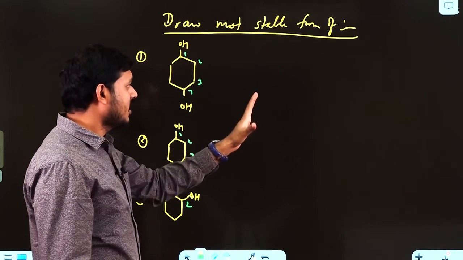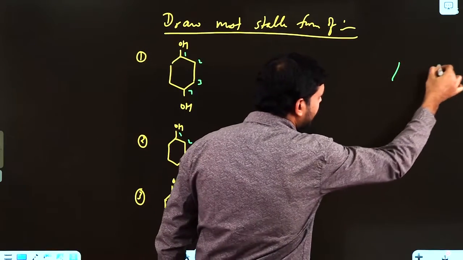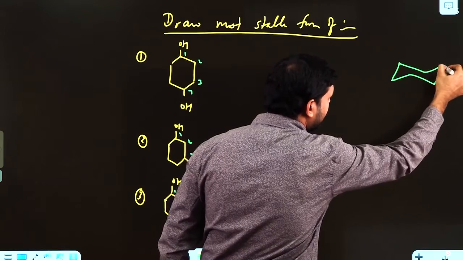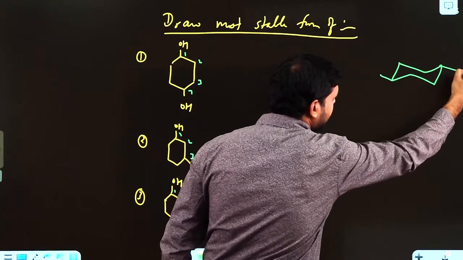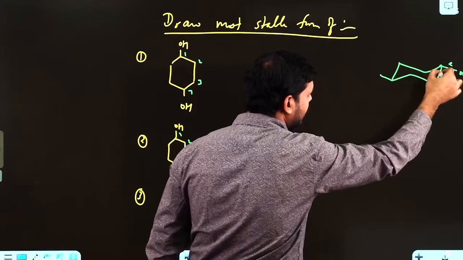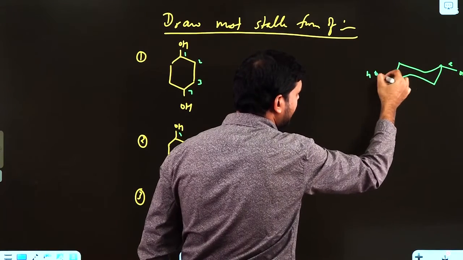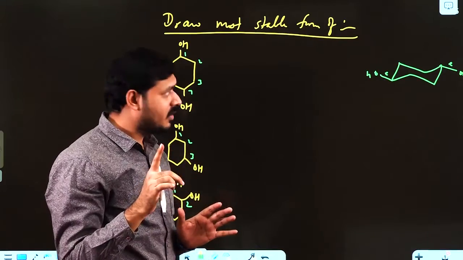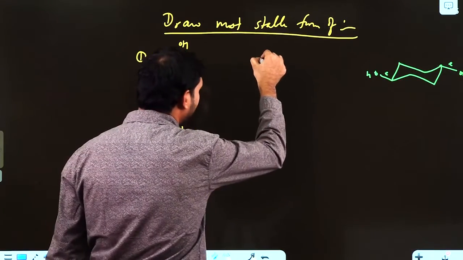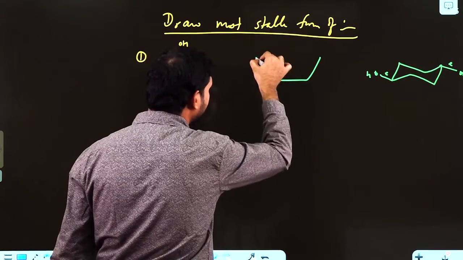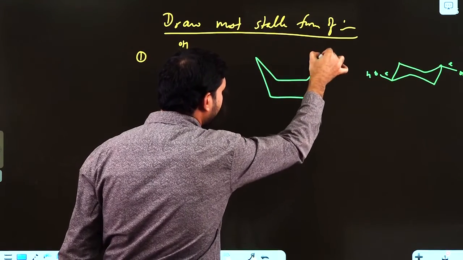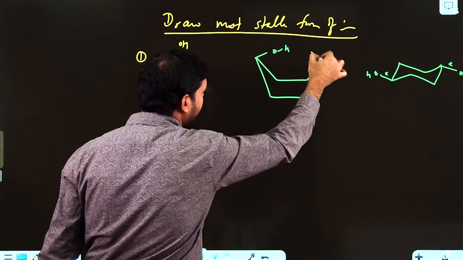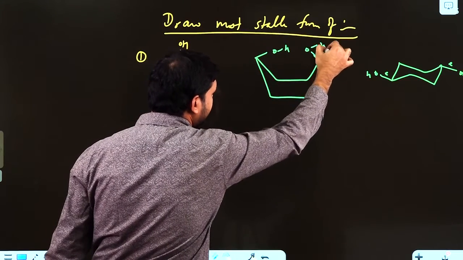So in the chair form, 1, 2, 3, 4 means this 1 and this 4, this is OH eclipsed and OH eclipsed. So you must think that a better possibility is, rather than repulsive forces, here we have attraction forces.